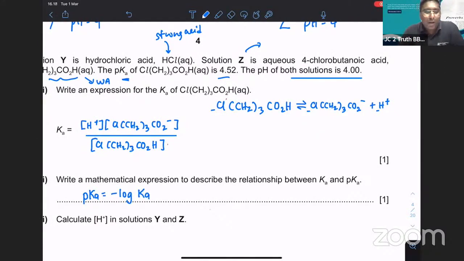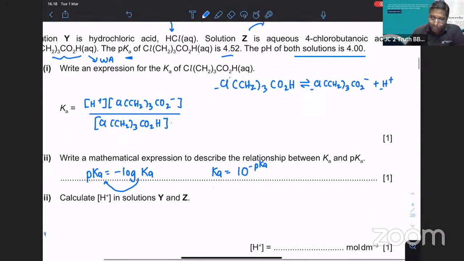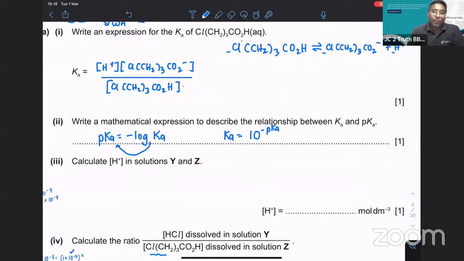Or if you are good in maths, Ka is going to be 10 to the power of negative pKa. If you write it like that, also can. So choose one. Don't give both. You can give any of these two.